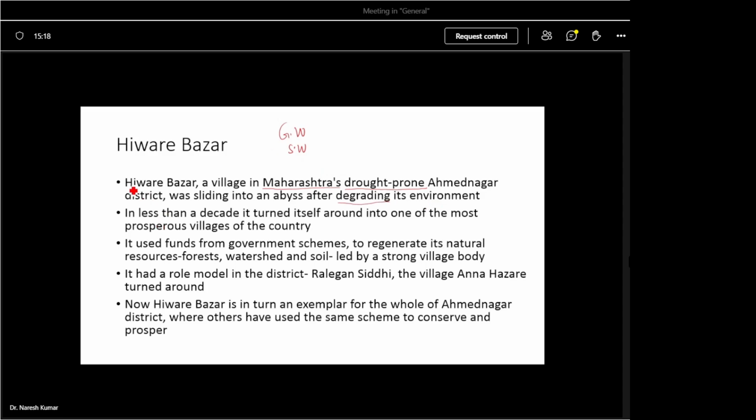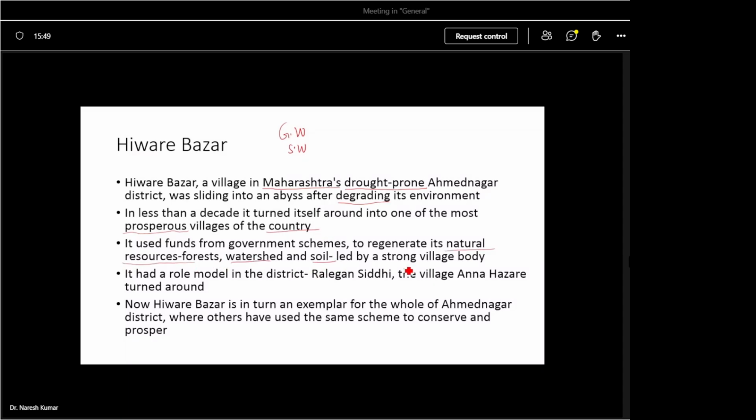But what these people did, in less than a decade, they were able to turn it completely around, from a very abysmal situation to a highly prosperous village, not only in Maharashtra, but among all the districts in the country. They used funds from government schemes to regenerate their natural resources. See, the key is to regenerate the natural resources.